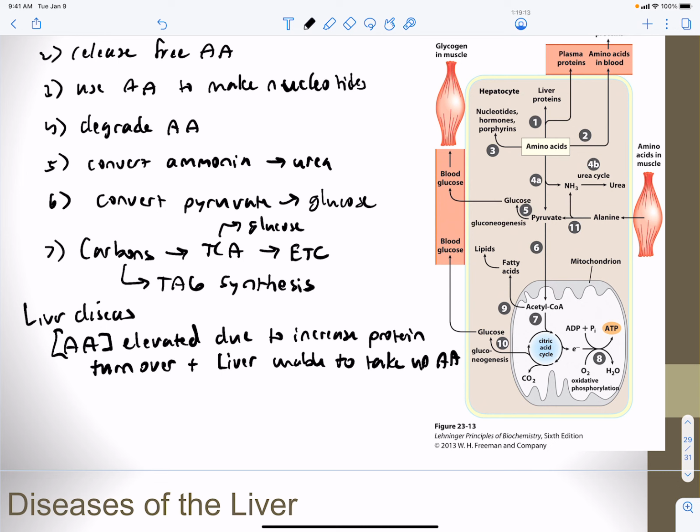The muscle is going to be a major source of the increase of amino acids, and this is seen typically in many catabolic states, such as cirrhosis of the liver.